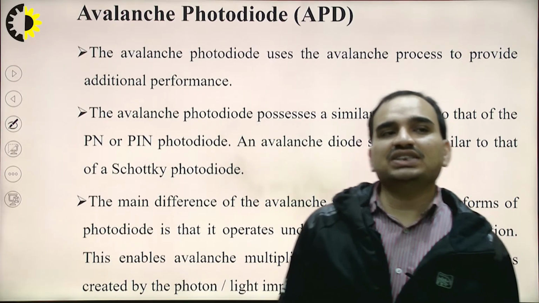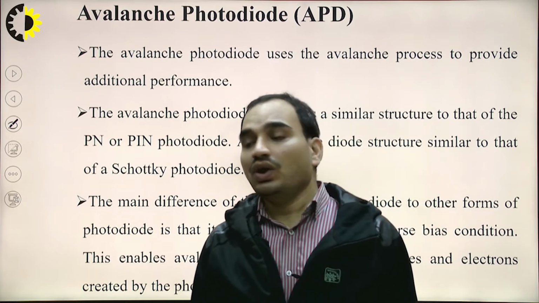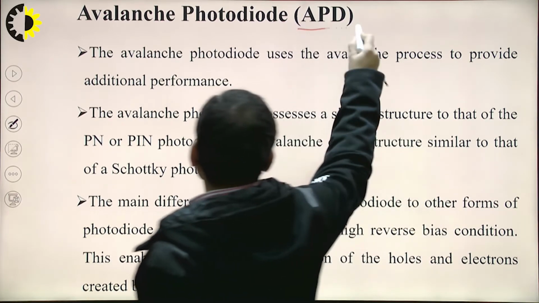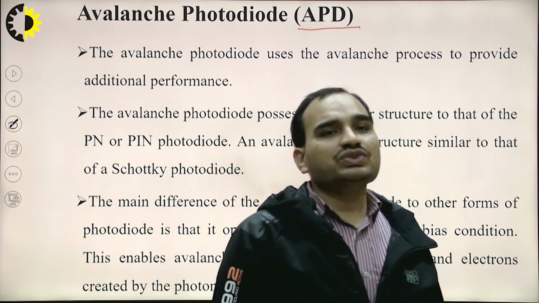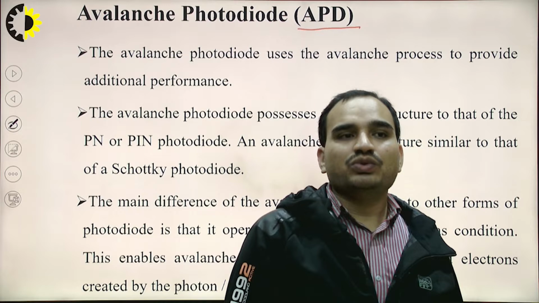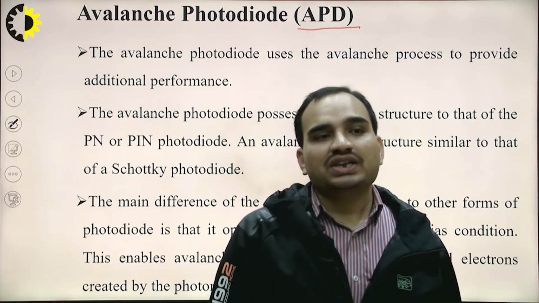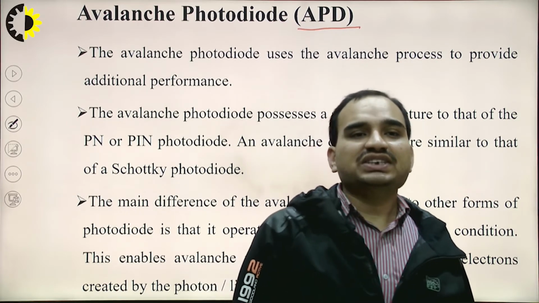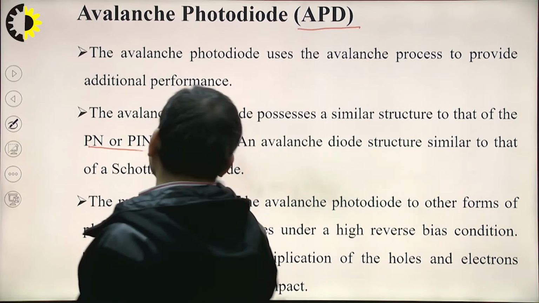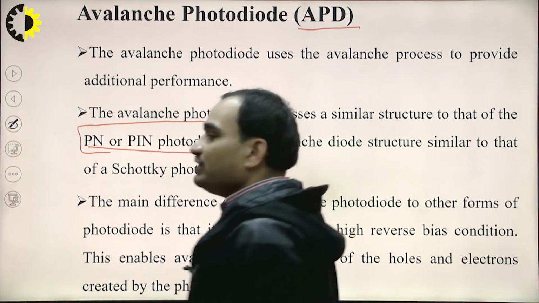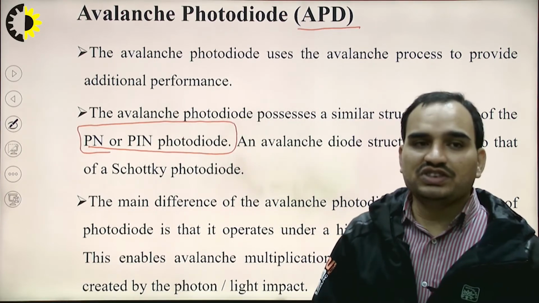Now let's discuss the avalanche photodiode, also abbreviated as APD. The avalanche photodiode uses the avalanche process to provide additional performance. It possesses a structure similar to that of the PN or PIN photodiode, which we discussed in the previous topic.